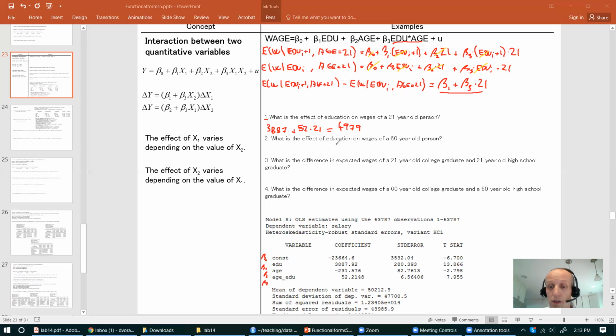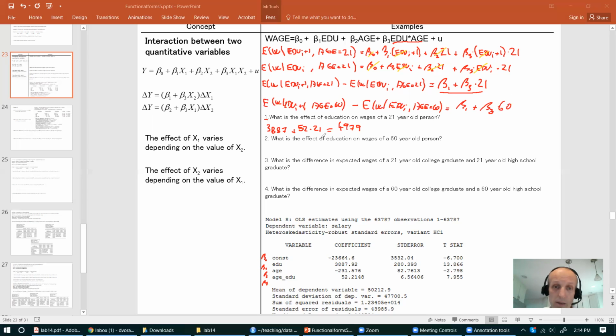What is the effect of education for a 60-year-old? Well, we could write out, again, all of these conditional expected values, but it would boil down to the following. Expected wage, given that I have edu i plus 1 and age equals 60, minus expected wage, given that I just have education edu i and my age is 60, would be equal to beta 1 plus beta 3 times 60.